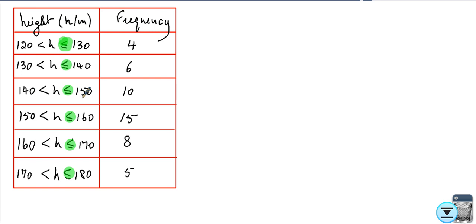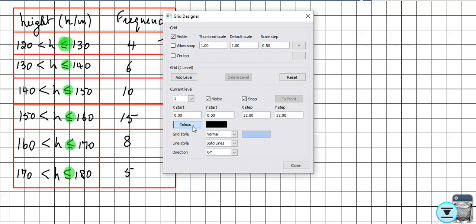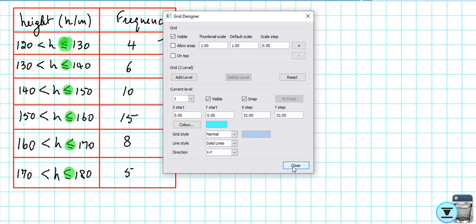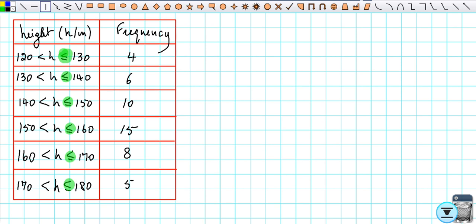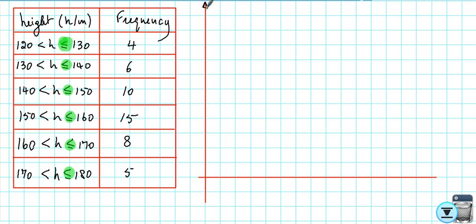Now, to draw that histogram, we need to draw an axis. So I'm going to draw a grid first. Okay, so I have my grid. Frequency always on the y-axis.